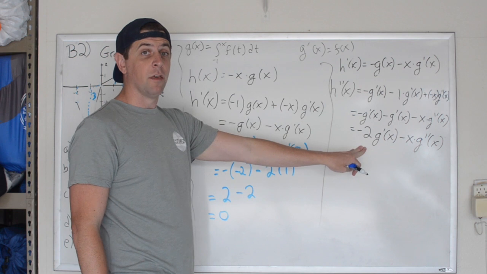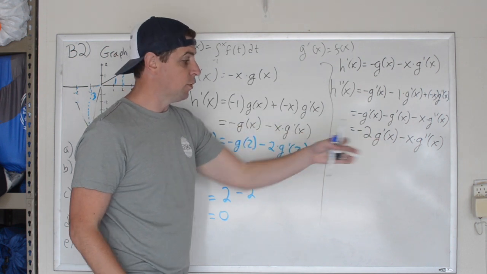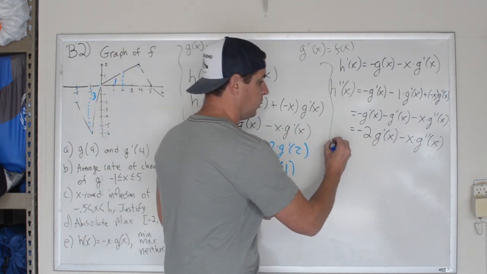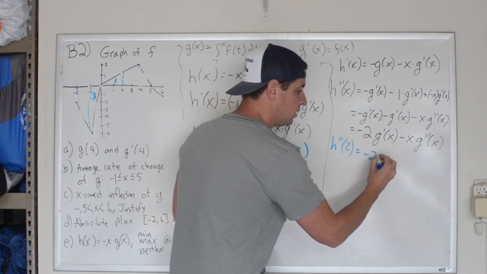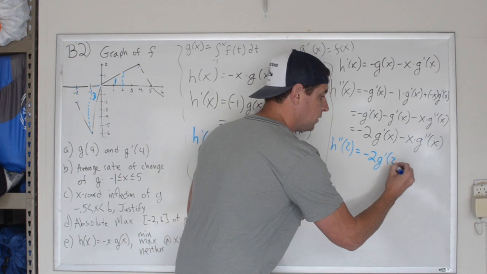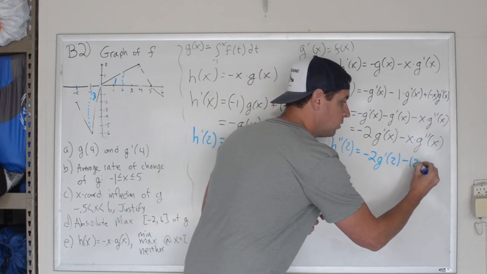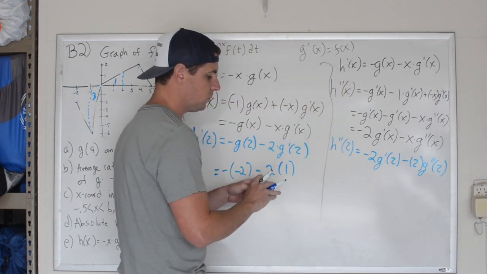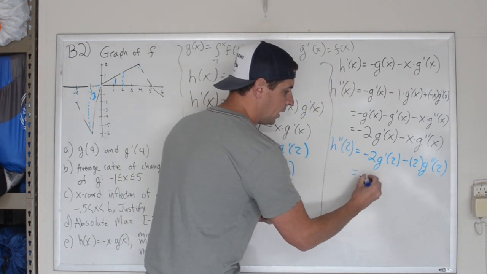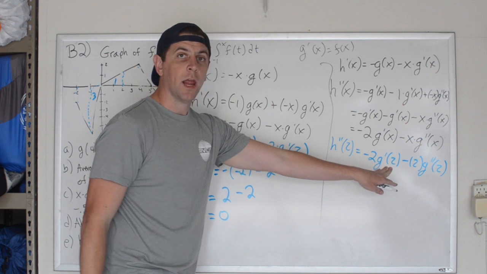I now need to evaluate this at x equals 2, so I need to put 2 in here. So h double prime of 2 is equal to negative 2 times g prime of 2 minus 2 times g double prime of 2. So that's going to be negative 2 g prime of 2.